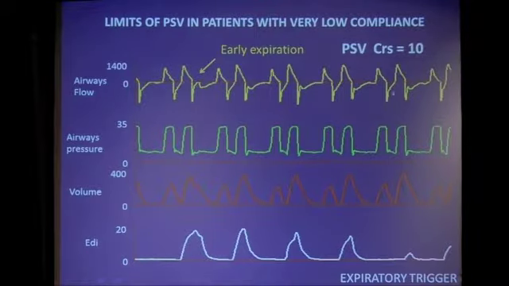You see, this is the EDI, and yes, the pressure support makes 2 breaths, while the brain wants to make a single breath. This is particularly occurring in patients with very low compliance. The compliance of this patient was 10 milliliters per centimeter of water, very stiff chest.